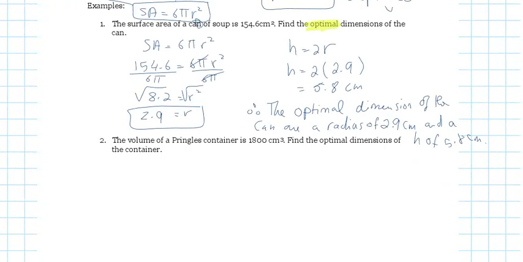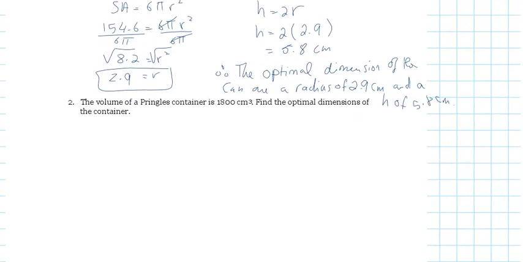The volume of a Pringles container is 1800 centimeters cubed. Find the optimal dimension of the container. Again, optimal dimension, right? This is where I know that I'm maximizing volume. So, what formula do I start with?